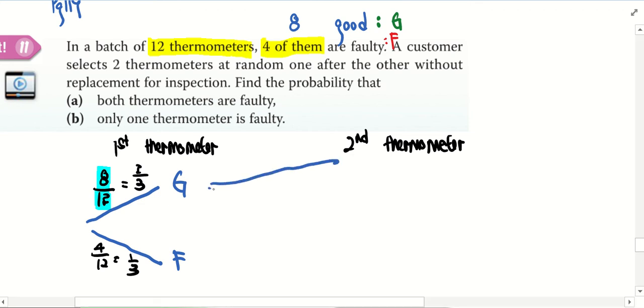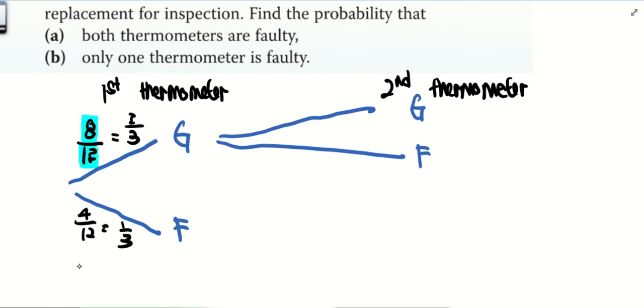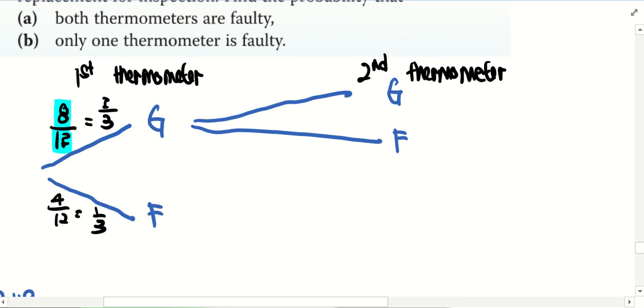Same thing. I'll have it be either good or faulty. Now look carefully. I'm going to zoom in. 1 good thermometer is taken away out of the 8. How many good thermometers are there left? 7. Am I right? So I need to write down 7. Is it over 12?